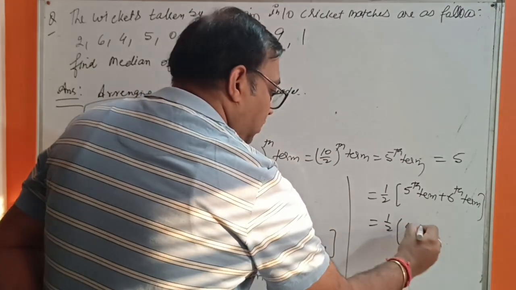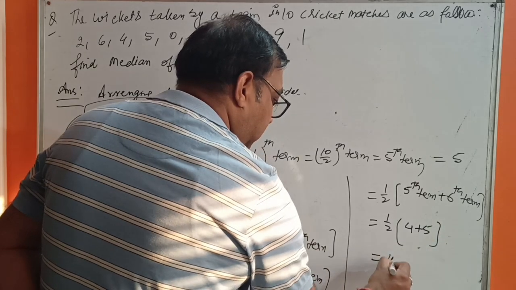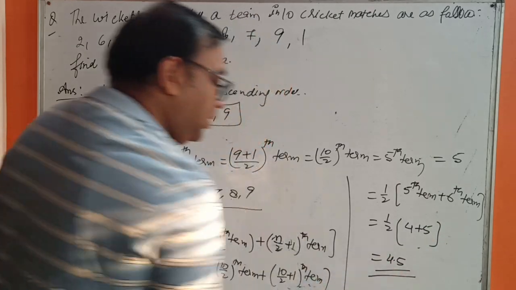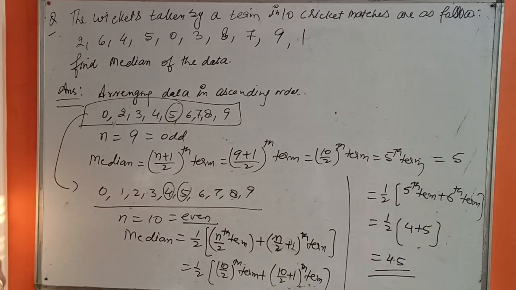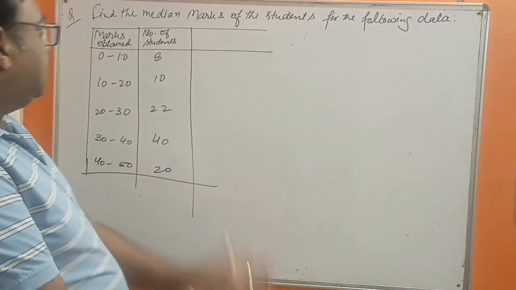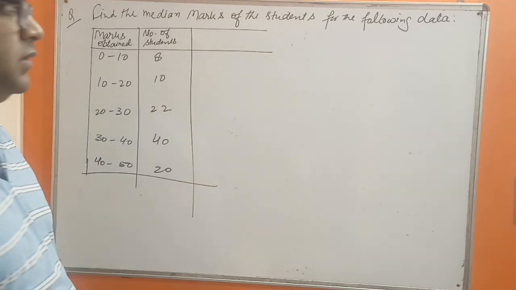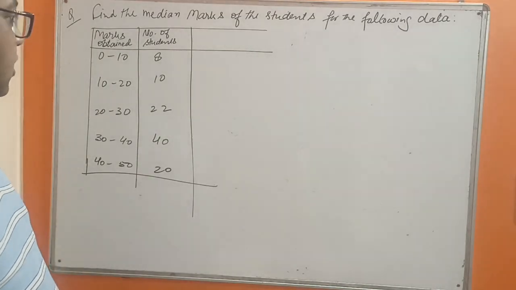So 4 plus 5, that is 9 by 2, that is 4.5. So a team can take on an average 4 to 5 wickets in a match.